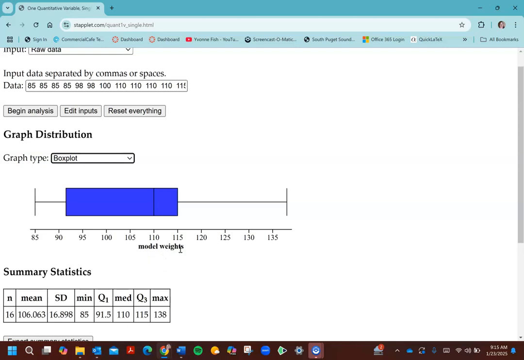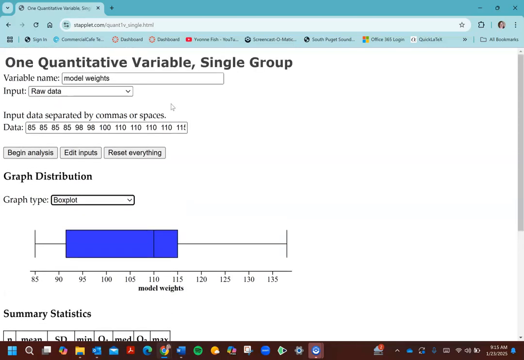That's actually more of the title, so I'm going to go ahead and change this. I'm going to put, actually before, number of pounds, so that I have a description.